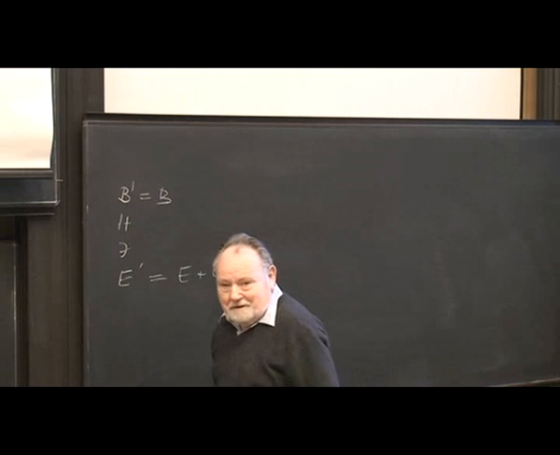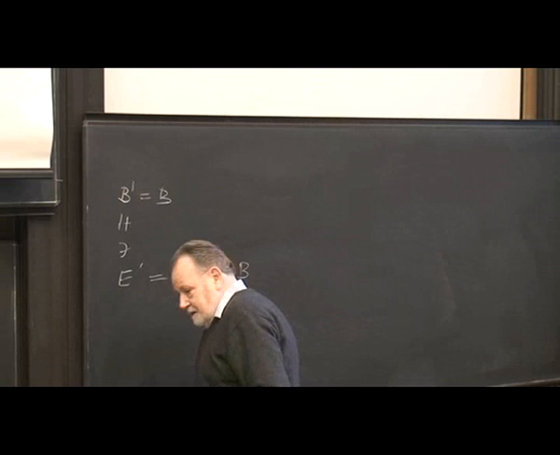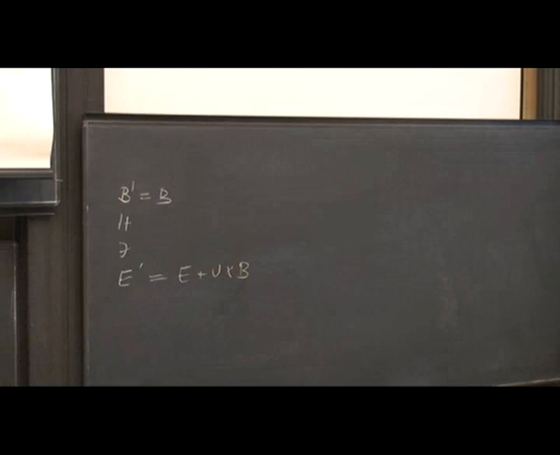This is the only deviation from Galilean transformation, and this is also the reason why you have this term in Ohm's law. If you start from J equal to sigma E in a system in which you have no motion, then you come to this Ohm's law in a moving system, or if you have a non-zero velocity.